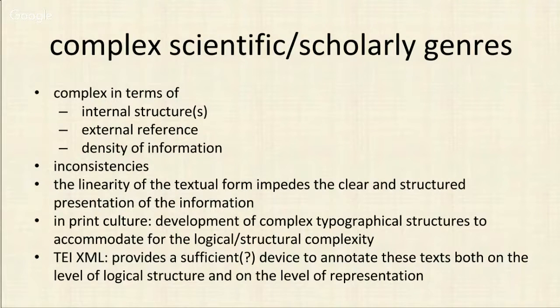And TEI-XML is actually a way to try to reflect these typographical structures, or at least give a way to digitize them, to represent them digitally, especially for places, distances, and dictionary structures. It tries to provide a sufficient device to annotate these texts, both on the level of the logical structure and on the level of representation.